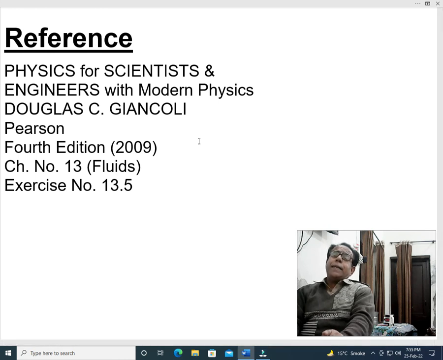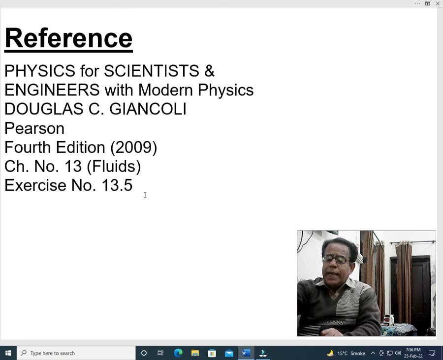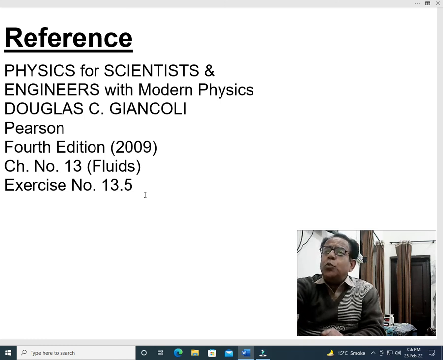Chapter number 13 under the title Fluids is our concerned chapter. This problem is enumerated at serial number 5 of the exercise of this chapter, that is, exercise number 13.5. And this is the end of our module.